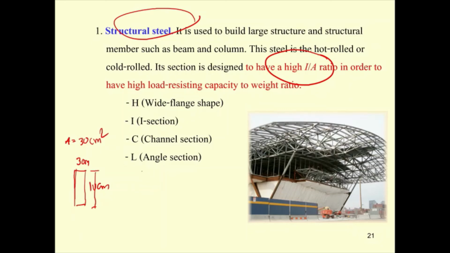And then you produce the section with plates of 10 centimeter by 1 centimeter, and the same 10 centimeter by 1 centimeter. This is going to use the same area of steel.